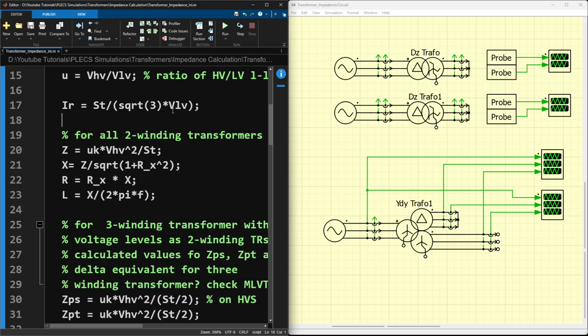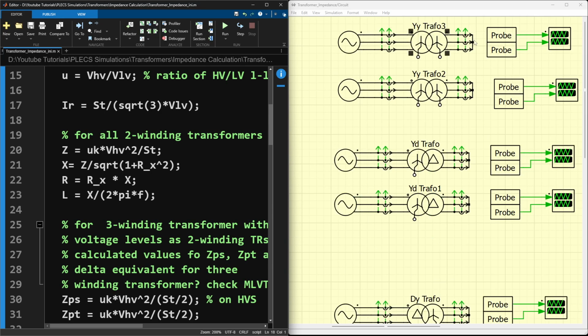Now I take the voltage on the low voltage side because, as I said, we will short circuit the secondary side, that is the low voltage side, and calculate the current.